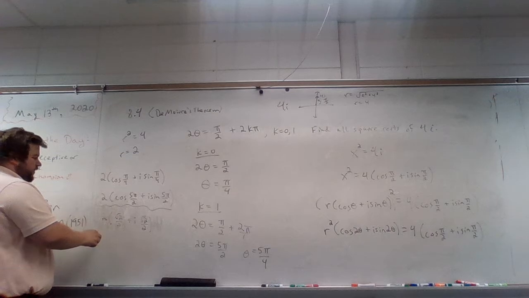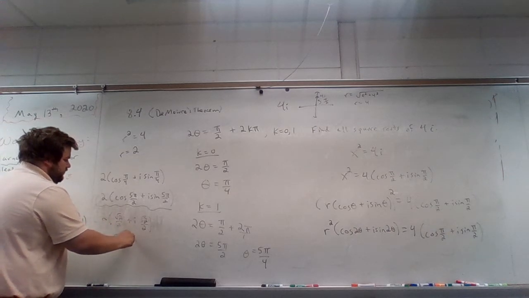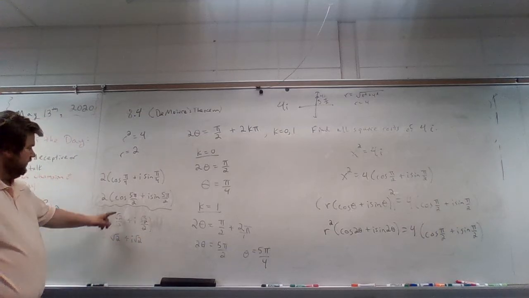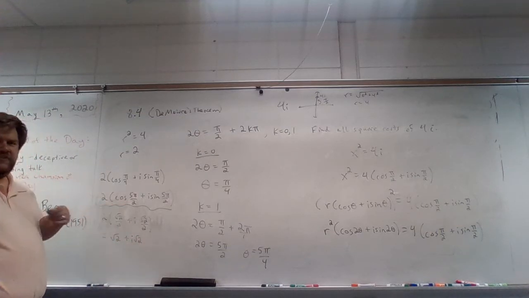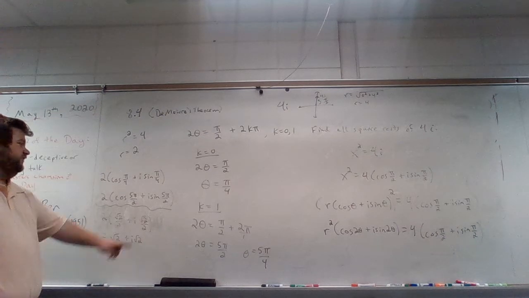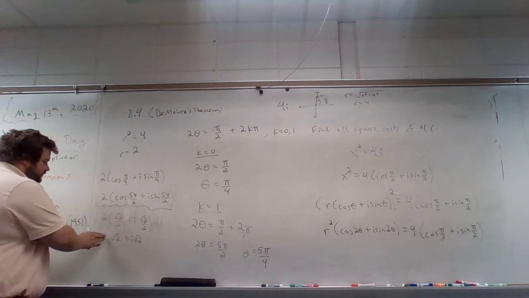So that's this first one, which would be root 2 plus i root 2. And the second one would be, what's the cosine of 5 pi over 2? Well, if you use a calculator for that, that should be 0, and this is just 1. So that is just going to be 2i.